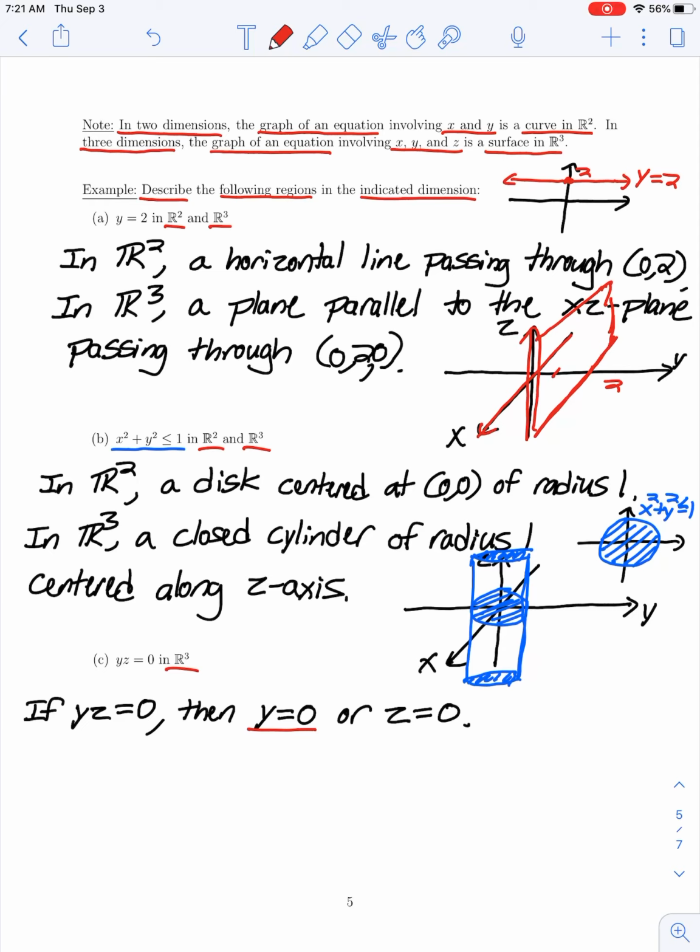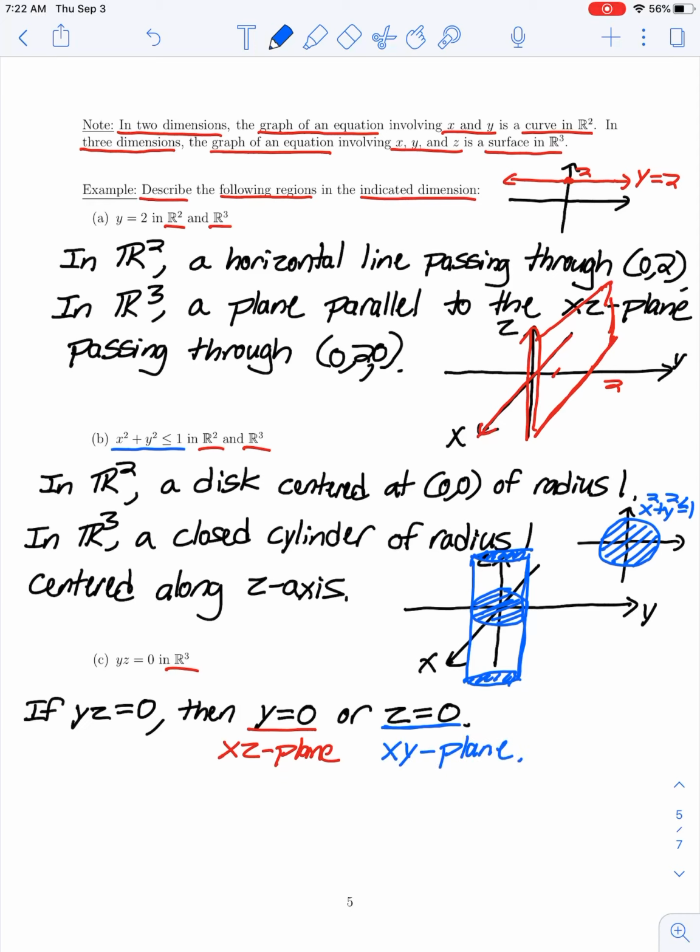So this equation y equals 0 represents specifically the xz plane itself. It's the plane parallel to the xz plane, which passes through the origin, which is the xz plane. Now our second part of this equation, if z is equal to 0, that's referring to a plane parallel to the xy plane and passing through the origin, which would be the xy plane itself.